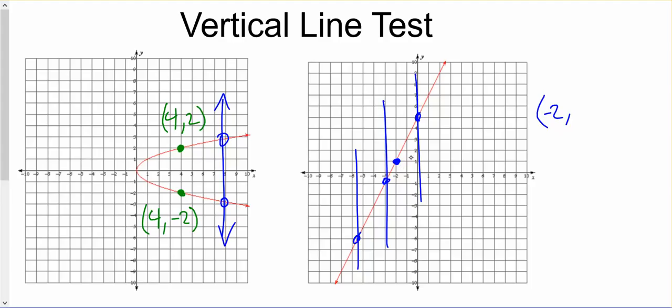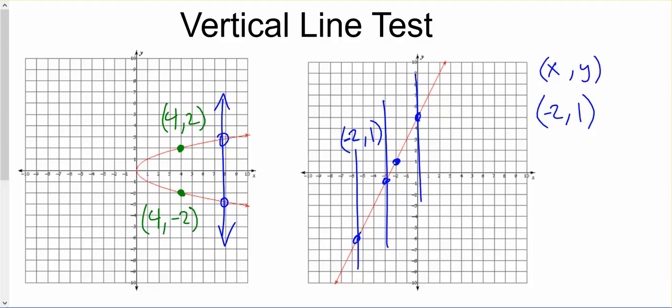when x is -2, then our y value is positive 1. That's the point -2, positive 1 right here. Every time I find this line and I go to -2, it's always right there.